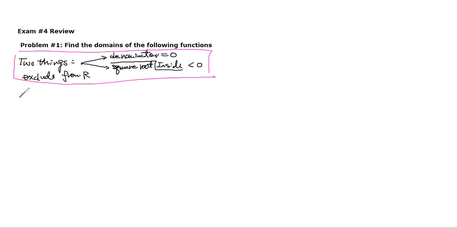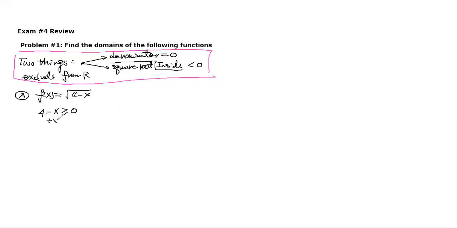Okay, so now let's take a look at part A for these problems. Part A, f of x is equal to the square root of 4 minus x. So we said the domain is the real numbers except where the inside is less than 0. So I want 4 minus x greater than or equal to 0, and that's all the domain will satisfy.